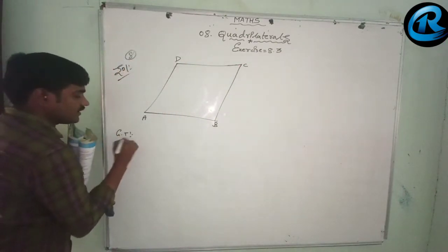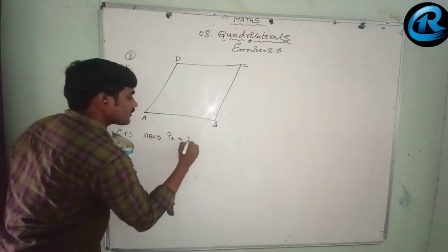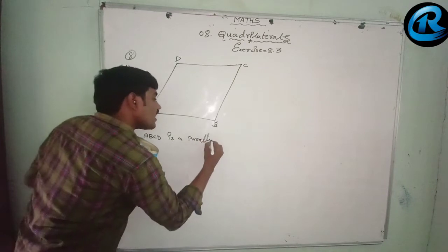Given that, I will write here itself now. ABCD is a parallelogram.